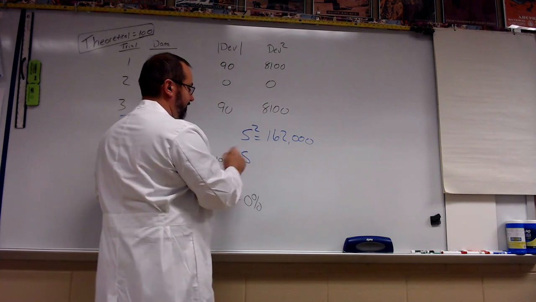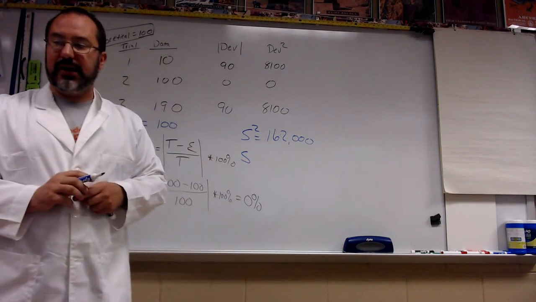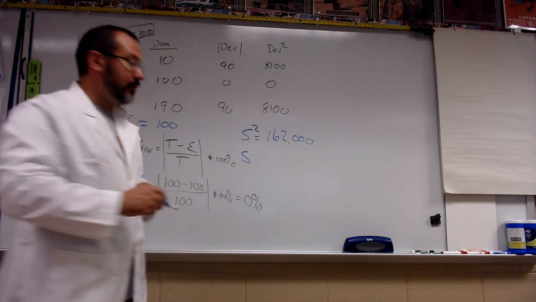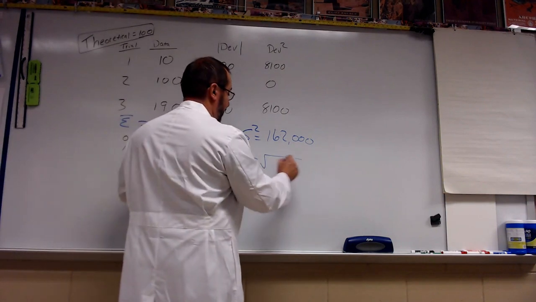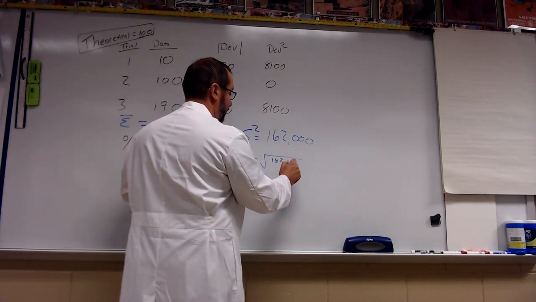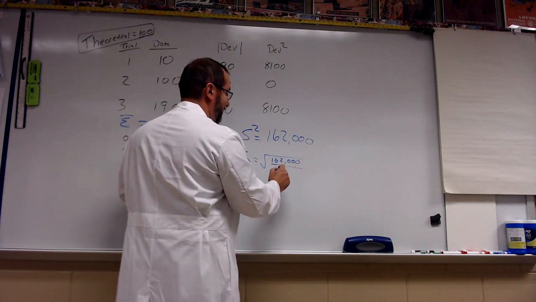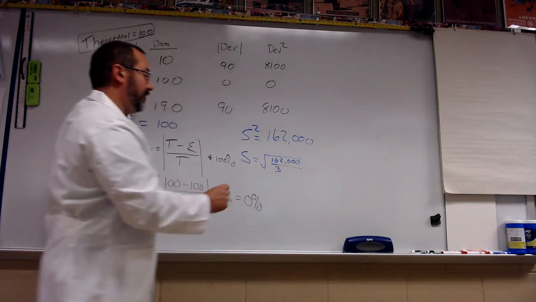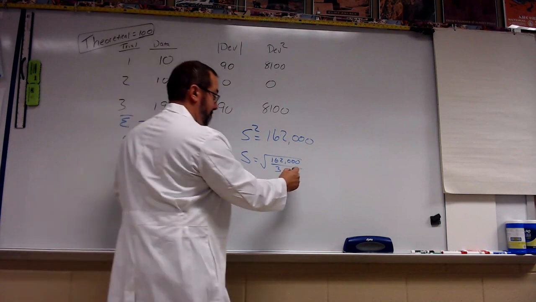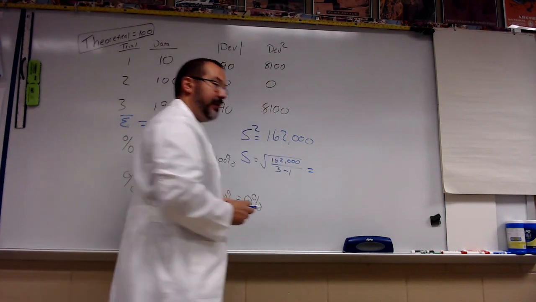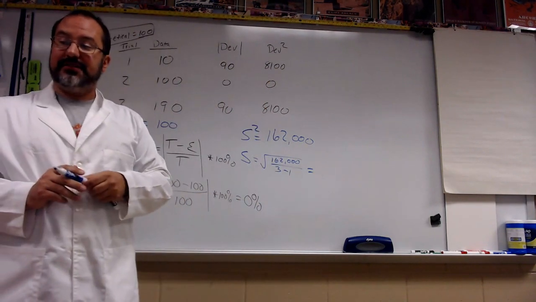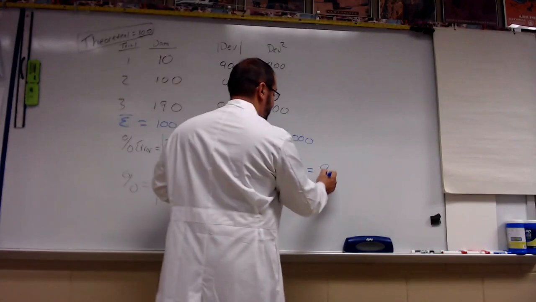Therefore, when I do the standard deviation, I would have a value of 162,000 minus 3 data trials minus 1. So I end up here with a standard deviation of 90.